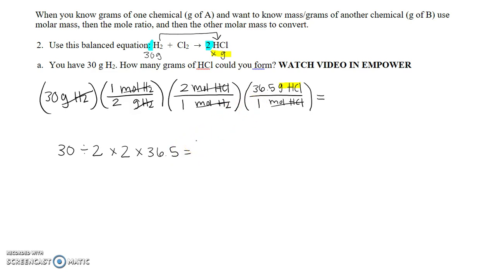When I plug 30 divided by 2 times 36.5 into my calculator, I get 1,095, meaning my answer is 1,095 grams of HCl. This conversion setup that you just did is an example of a grams to grams conversion.